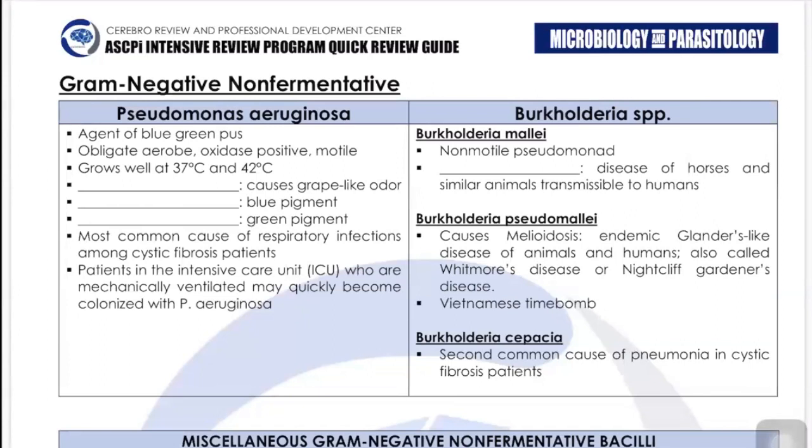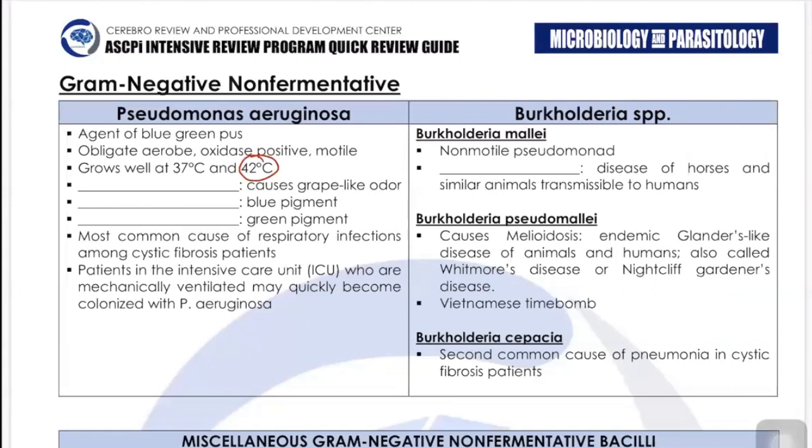It is an obligate aerobe organism, oxidase positive and motile. It grows well at 37 degrees Celsius and take note of this, 42 degrees Celsius. In fact, the growth of Pseudomonas aeruginosa at 42 degrees Celsius is one of the ways for us to differentiate this organism from other fluorescent Pseudomonas species or from other Pseudomonas species that are also capable of producing pigments.